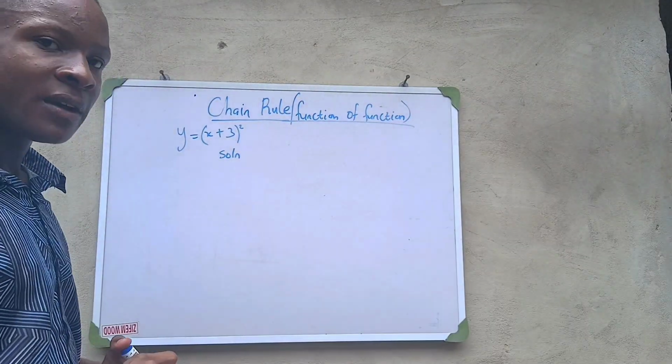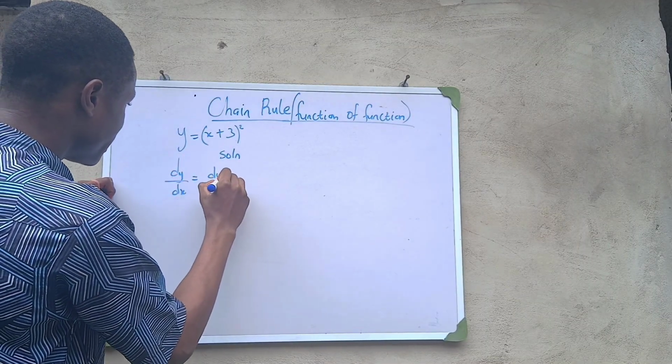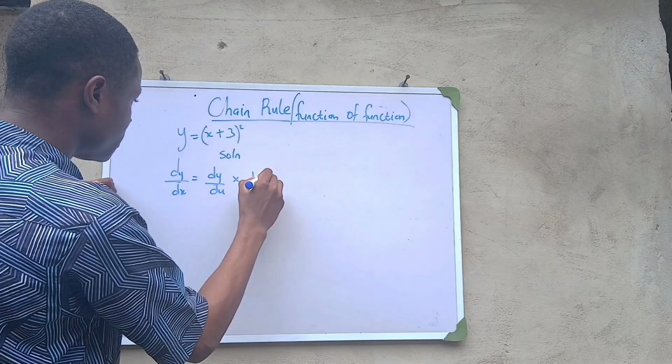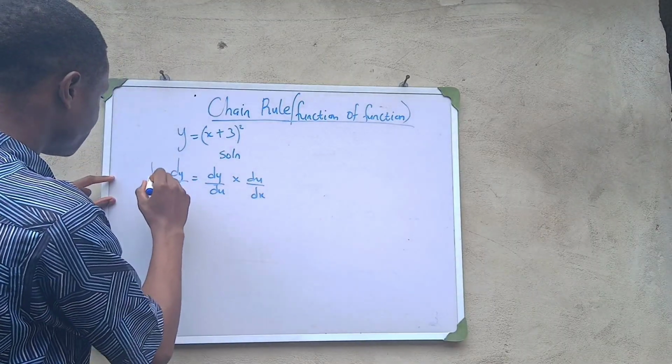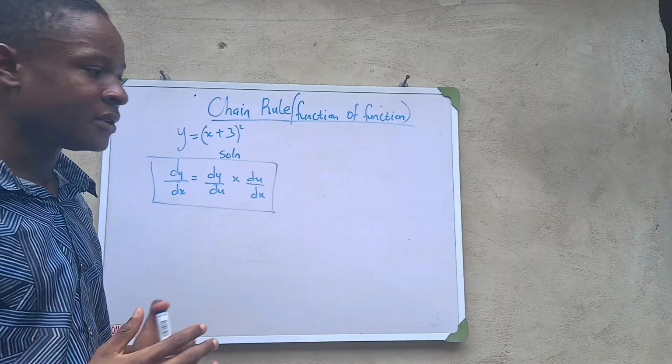So the normal formula for chain rule is dy over dx is equal to dy over du times du over dx. Just take note of this formula. I'm going to explain it as we are moving in the video.